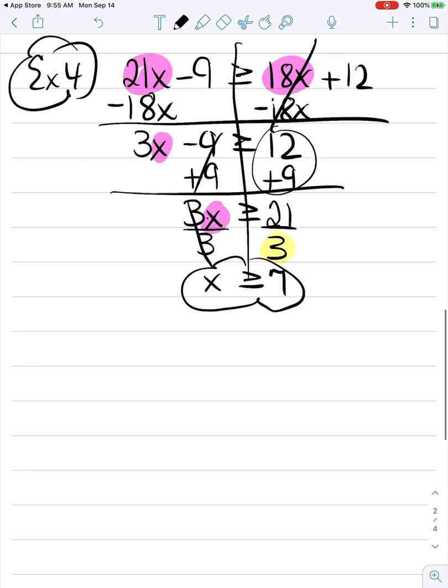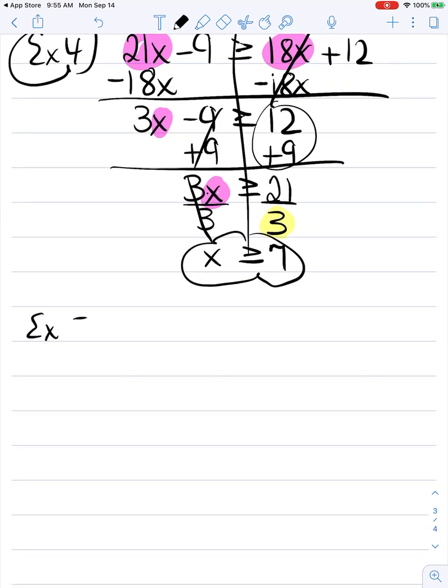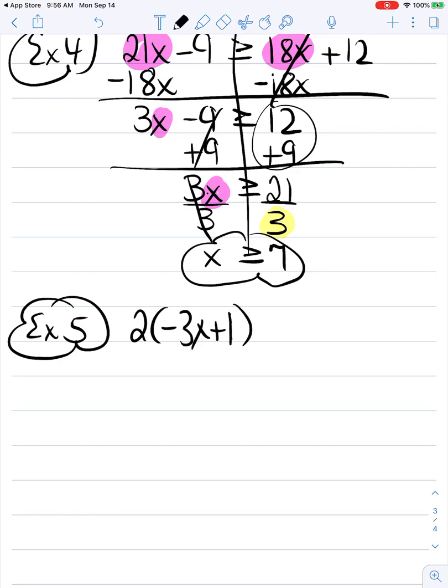And then last but not least, let's look at example 5. So I have 2 times negative 3x plus 1 is less than negative 5x plus 14. So split that at our inequality sign. I don't see fractions or decimals I need to clear.